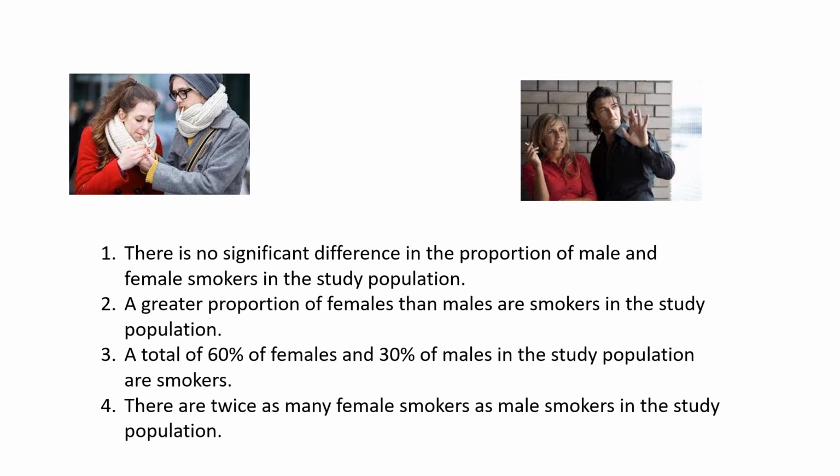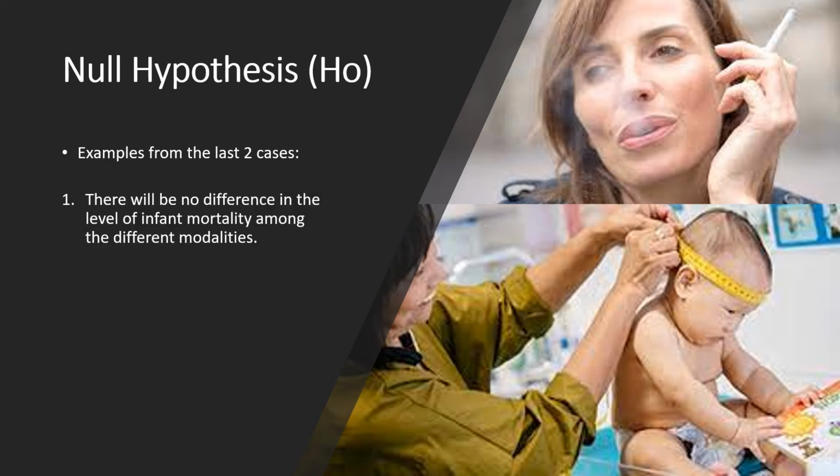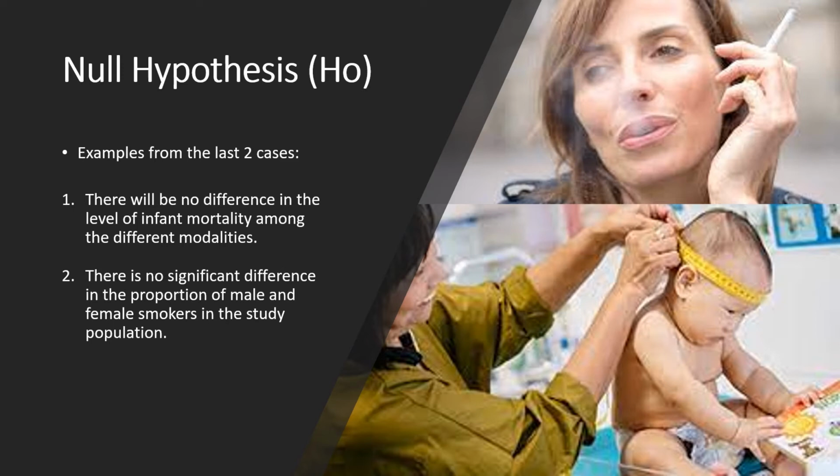Now let's see how we can classify these hypotheses under different categories. And we'll take both the case studies and the hypotheses that we have generated to categorize them. The first category is the null hypothesis. Now, as you could see in both the case studies that we studied, the way the first hypothesis has been formulated indicates that there is no difference either in the extent of the impact of different treatment modalities on the infant mortality rate or in the proportion of male and female smokers.